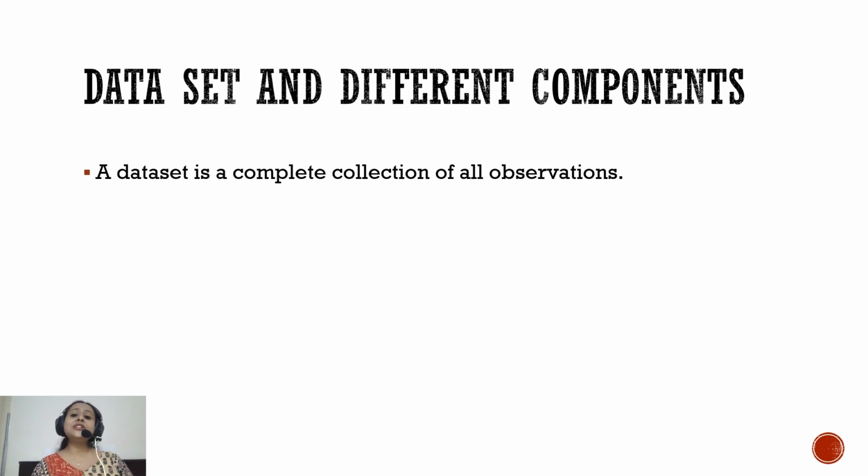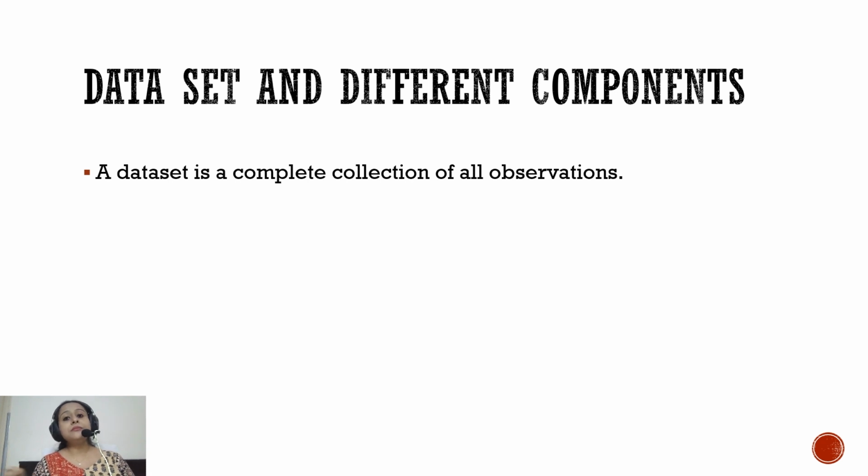A dataset is actually a complete collection of data. Just like in the previous example, we have seen the total number of people in a country, that is, the population. So that is a single piece of information regarding population. Now if we match this population data with some other kinds of variables, like the gender ratio, or which cities have how many people living in them, right?